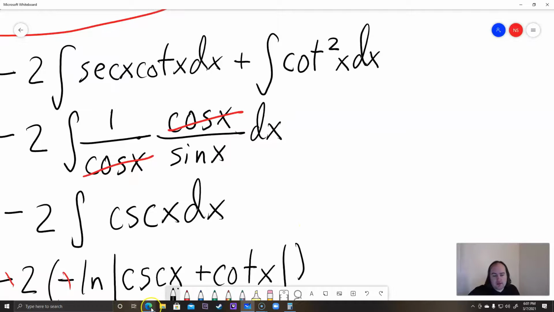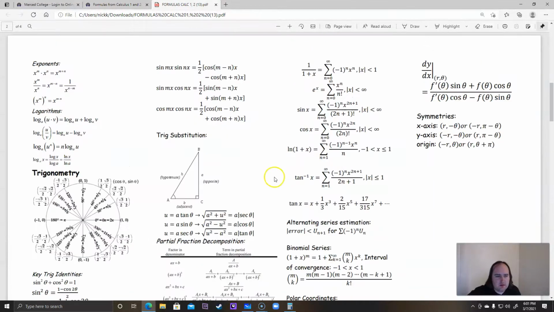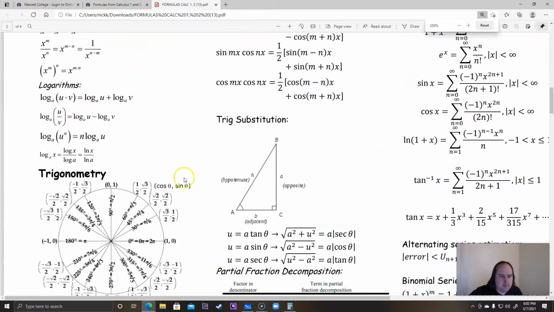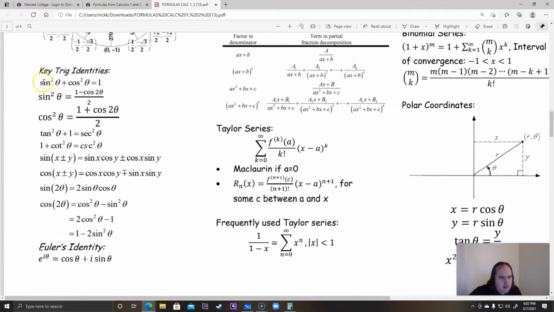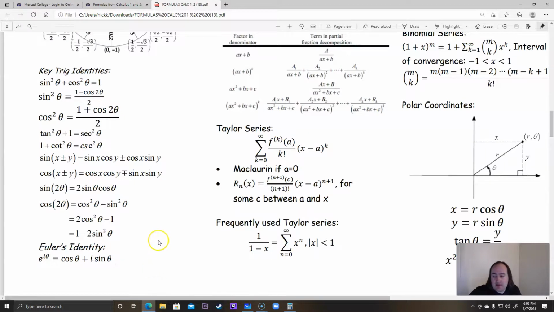So cotangent squared of x, if you go down to your formula sheet on the second page, under trigonometry, on your cheat sheet there, looking at key trig identities, the one we want is the one for the function we have here. Cotangent squared of x, we can't really integrate that by itself, but we can use a trig identity to rewrite it in a way so we can integrate it.